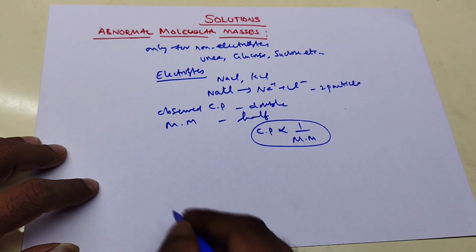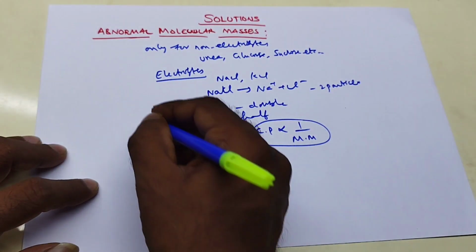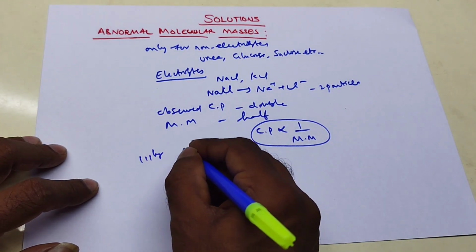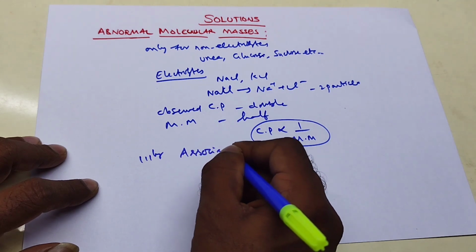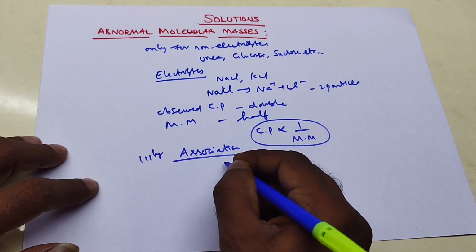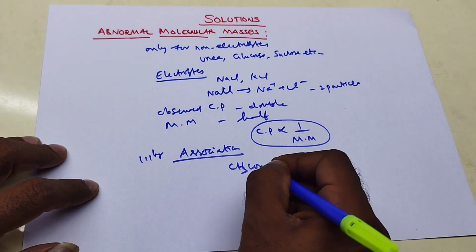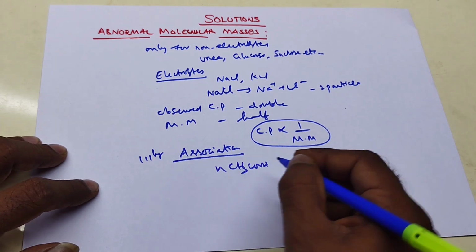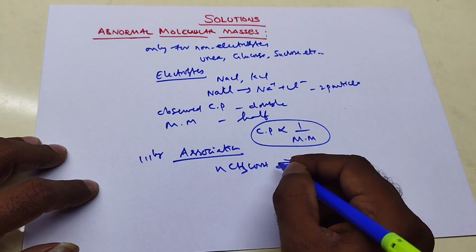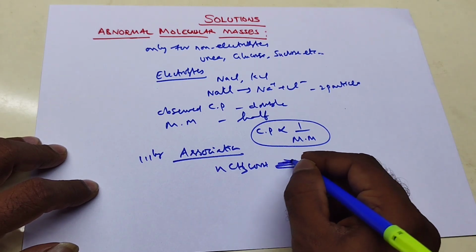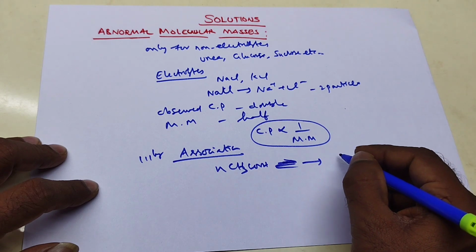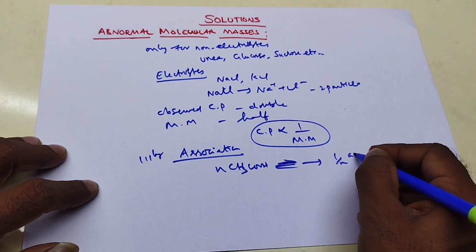Similarly for association, so this was for dissociation. Similarly for association, for example acetic acid, n molecules of acetic acid will be associated to give 1 by n molecules of acetic acid.